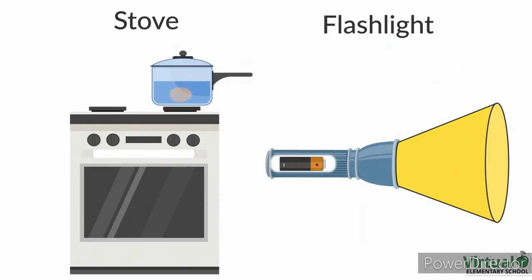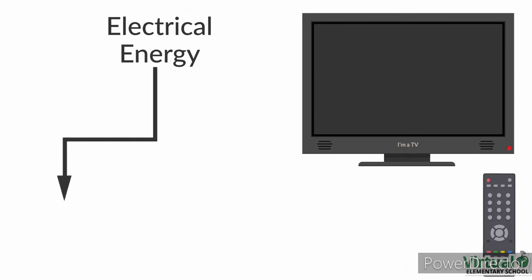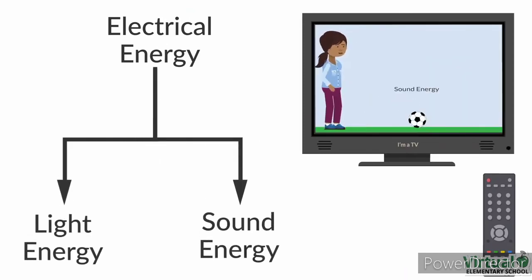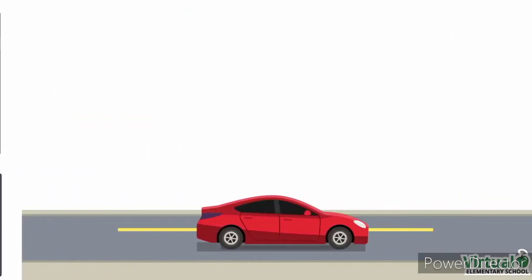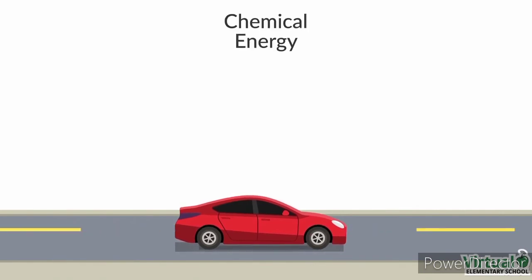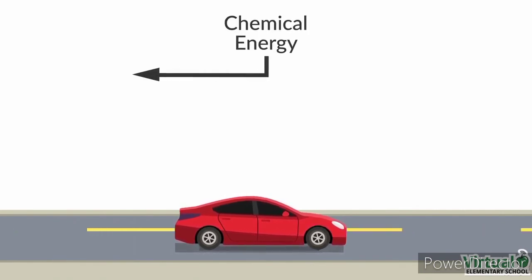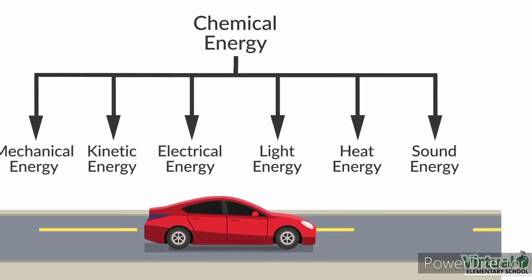Let's look at some examples of multiple energy transformations. A television transforms electrical energy into light and sound energy. A car transforms chemical energy from the fuel into mechanical, kinetic, electrical, light, heat, and sound energy.